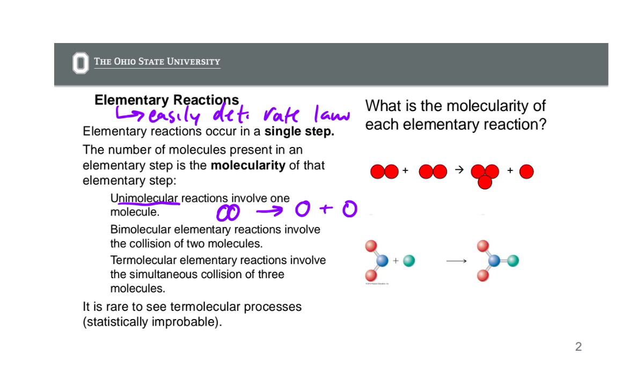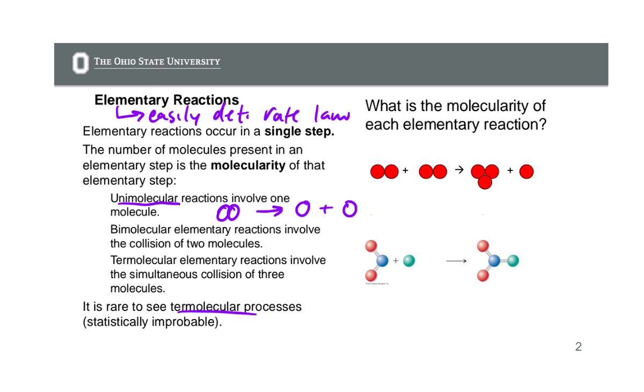If we have a reaction that involves two molecules colliding, that is a bimolecular reaction. The unimolecular and bimolecular are the ones we see most commonly. A termolecular reaction is possible, but it is highly improbable because for a termolecular process to happen, we would have to have three molecules collide all at once, and that's very unlikely.